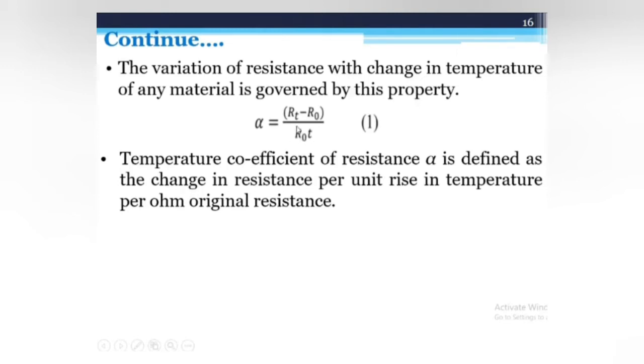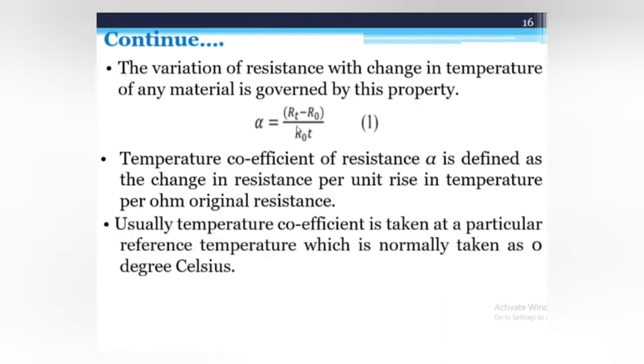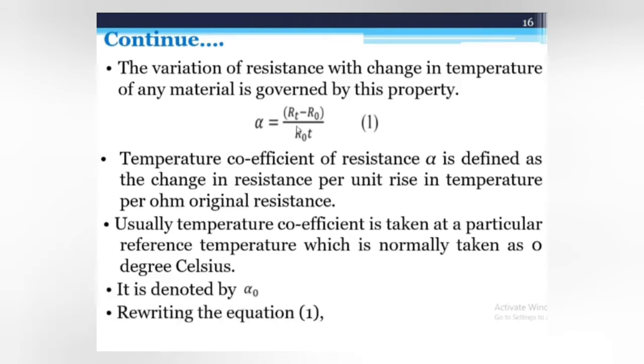We write this definition from equation number 1. Usually the temperature coefficient is taken at a reference temperature, normally 0 degrees Celsius, and therefore it is denoted by alpha 0. Rewriting equation number 1, RT equals R0 into bracket 1 plus alpha 0 T.